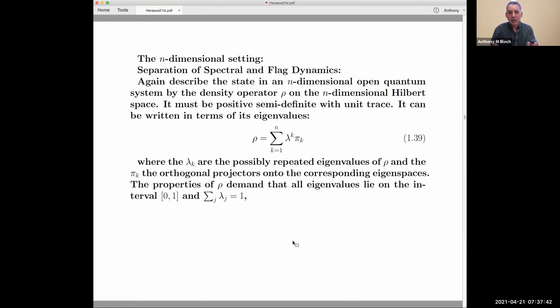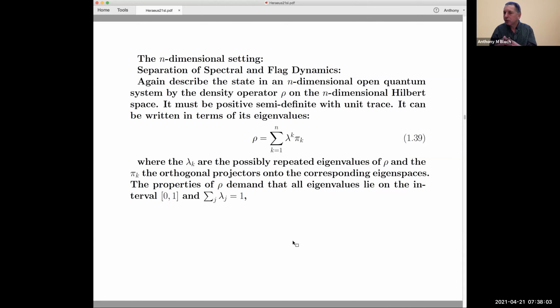So basically in the general setting, I have an n-dimensional open quantum system. It's described by a density operator rho on the n-dimensional Hilbert space. And it can be written in terms of its eigenvalues and orthogonal projections onto the corresponding eigenspaces. So rho is sigma lambda k pi k.